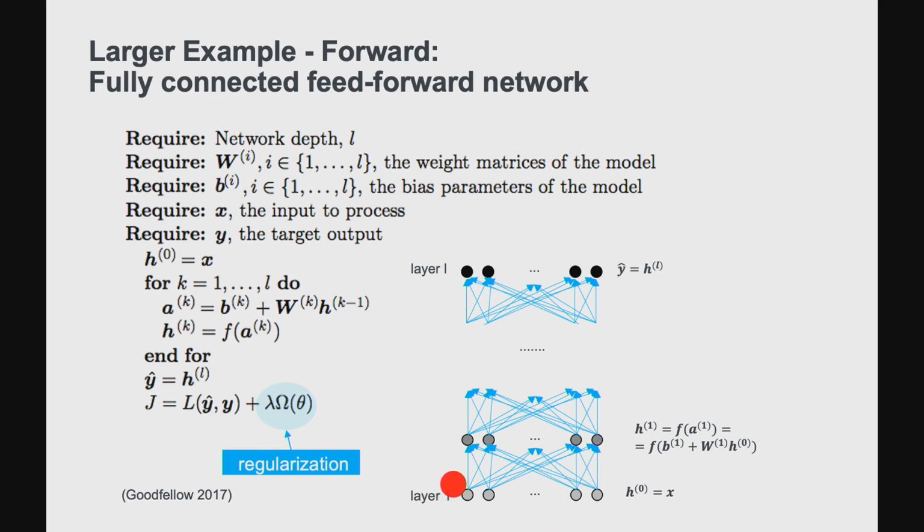So if we have n nodes here and n nodes in the hidden layer, we have a matrix of n times n. If we have n here and m there, then we have n times m entries. Every pairing requires a corresponding weight.